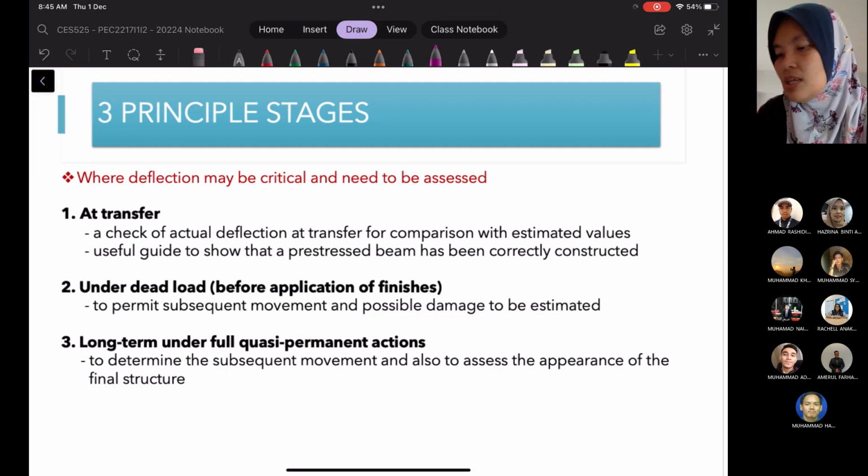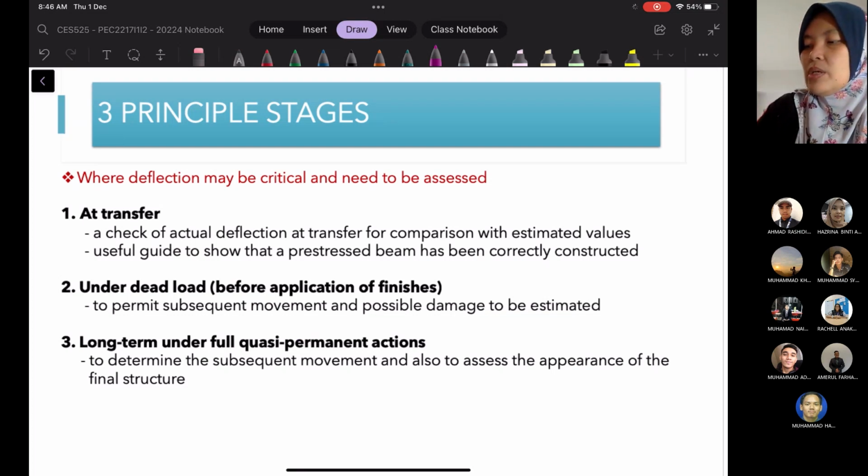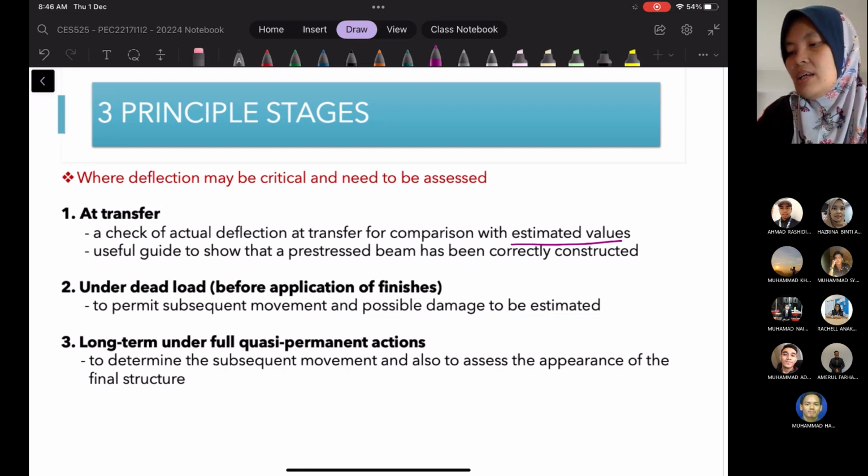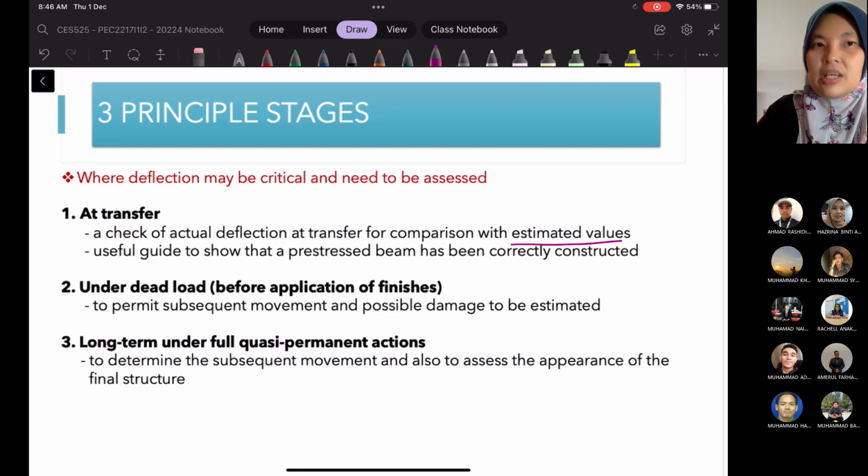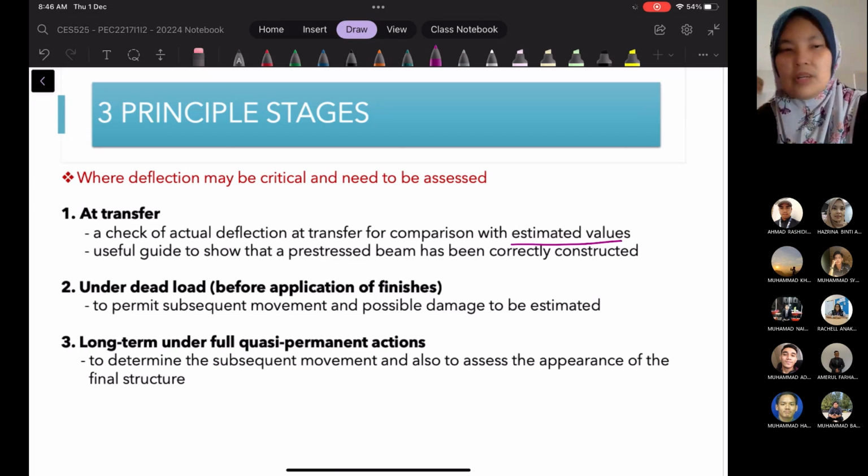So the first stage is at transfer, a check of actual deflection at transfer for comparison with estimated values, right? Okay, so it is a useful guide to show that the pre-stressed beam has been correctly constructed, right? So yang ni first one, right? So at transfer, awal-awal tu kita kena check dah dia punya value of deflection.